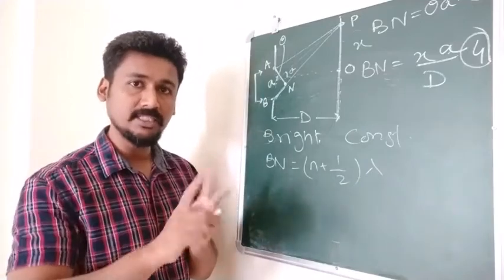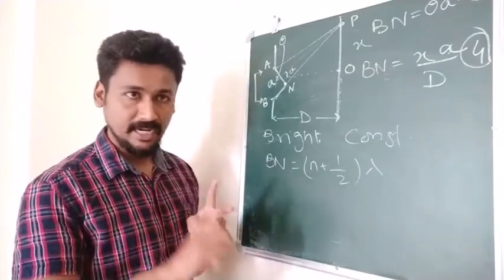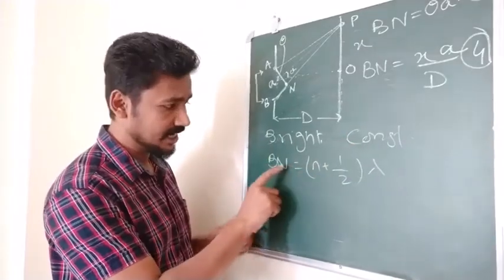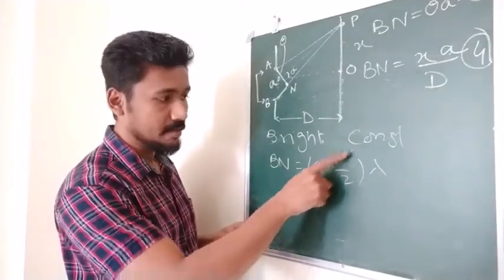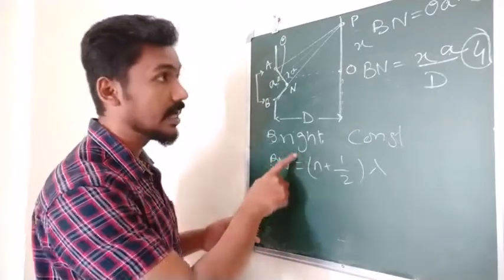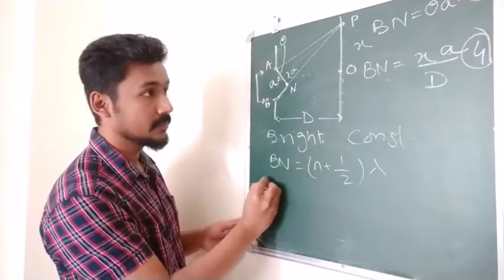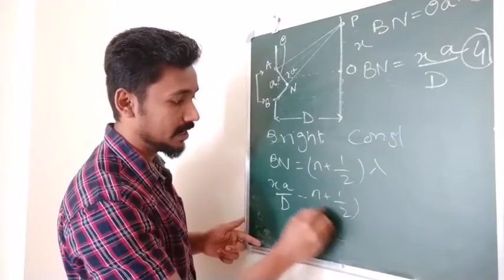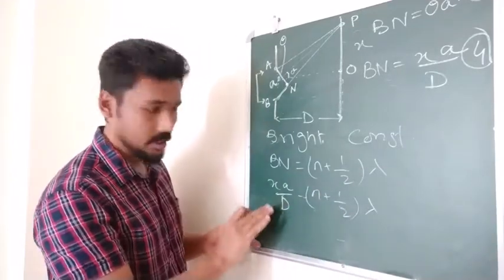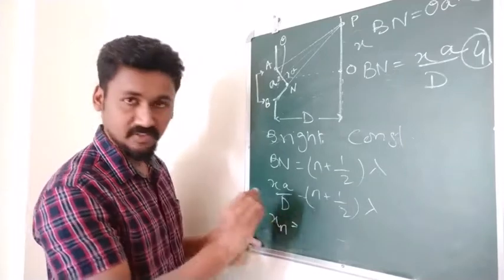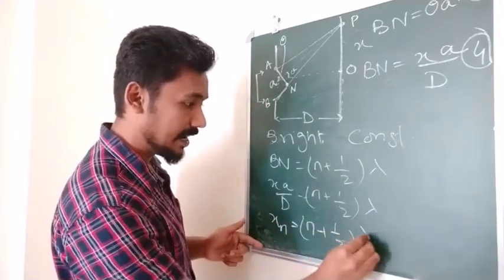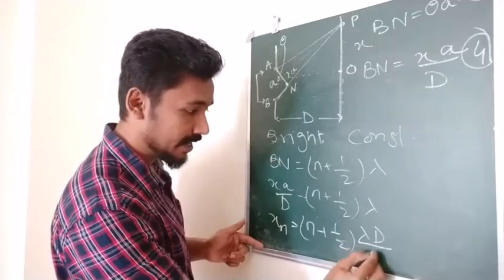But in diffraction the cases become opposite. In diffraction, for a bright spot, for constructive, the condition is that path difference should be n plus 1 by 2 lambda. Fine. Again, from equation 4, this will become xA by D equal to n plus 1 by 2 into lambda, or xn, the nth fringe, will be equal to n plus 1 by 2 lambda capital D by A.